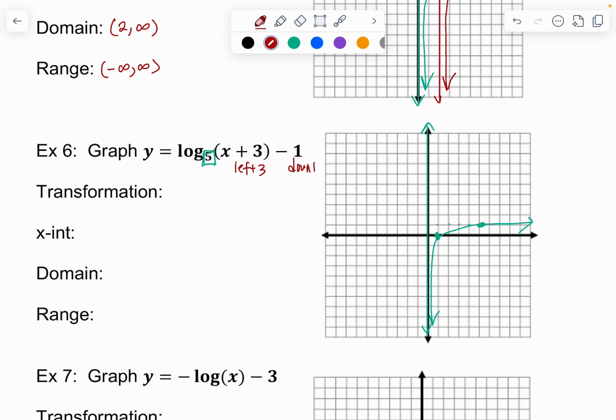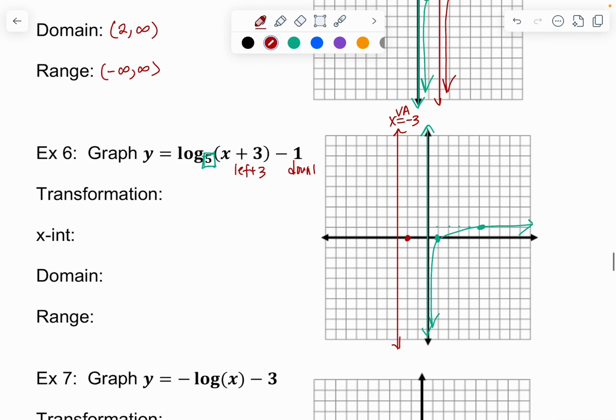And so I'm going to start with the left 3, because that moves the asymptote to negative 3, for our vertical asymptote. And then our 1 away point. And then we're going to have our 5 away point.